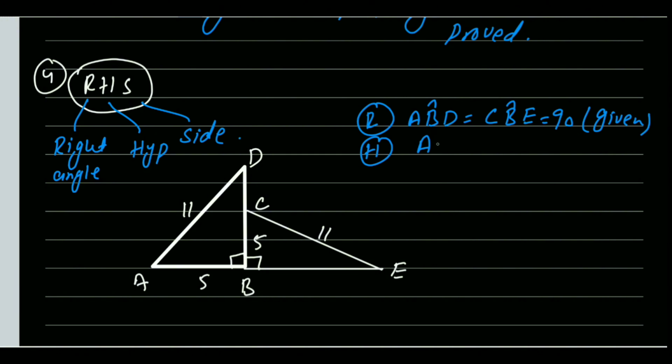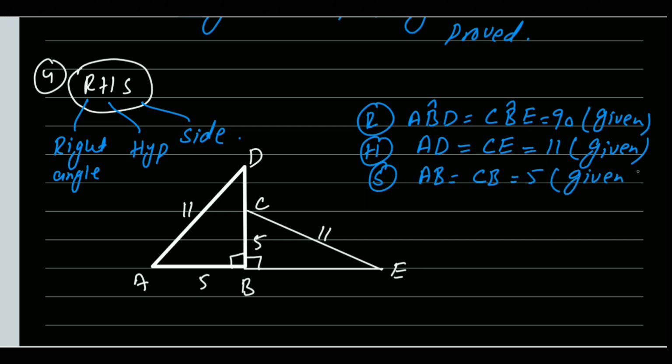We can see AD and CE are the hypotenuses of both triangles, and they are 11, and it is also given. Third is S. We can see AB is equal to CB is equal to 5, and that is also given.